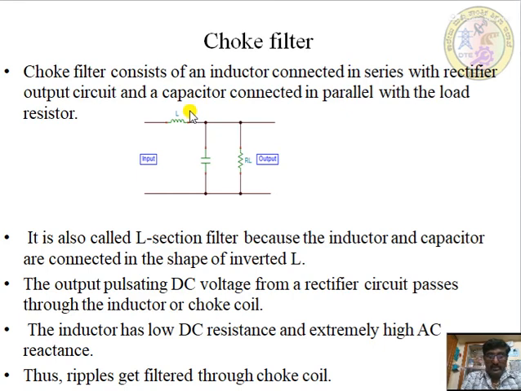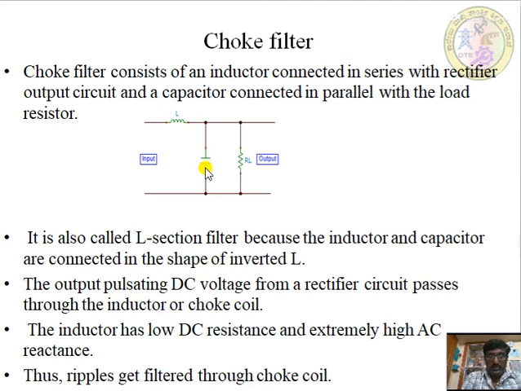It is also called an L section filter because the inductor and capacitor are connected in the shape of an inverted L. So it is known as the L section filter.